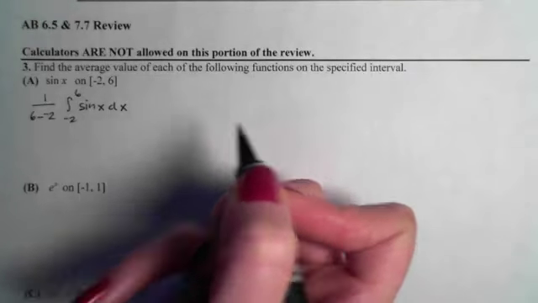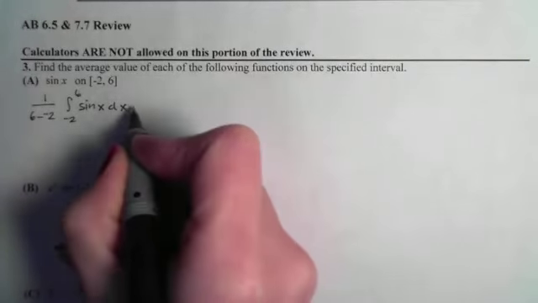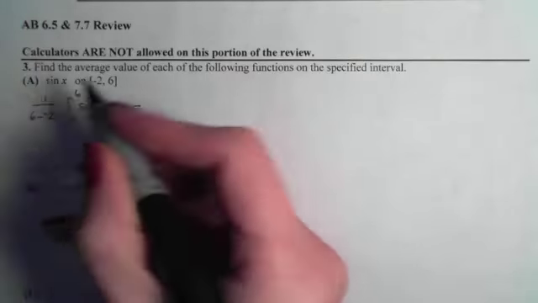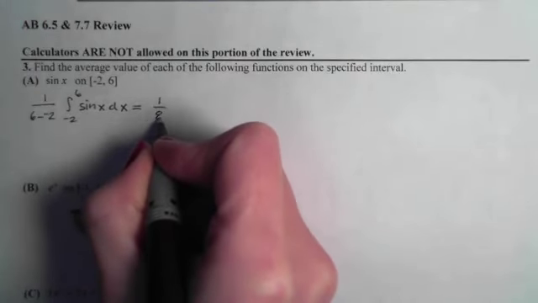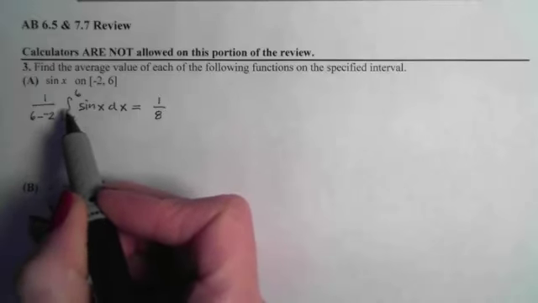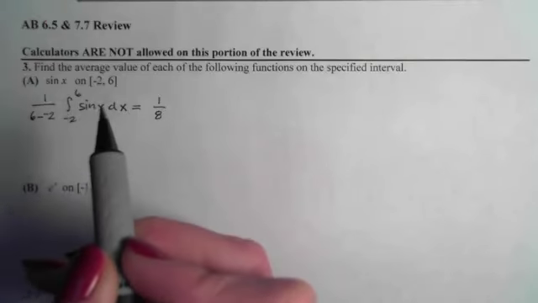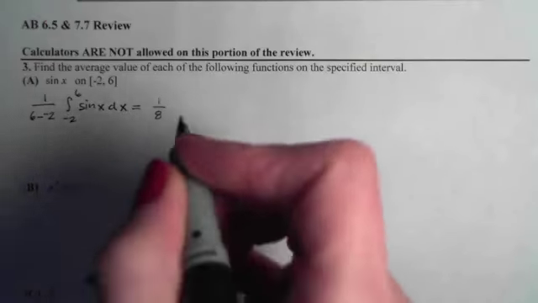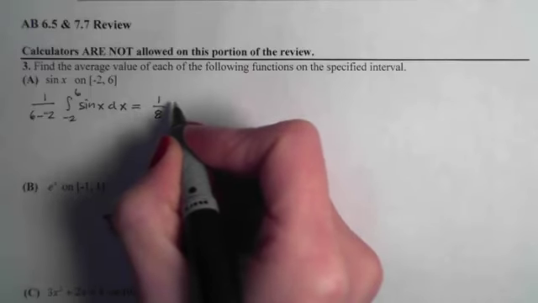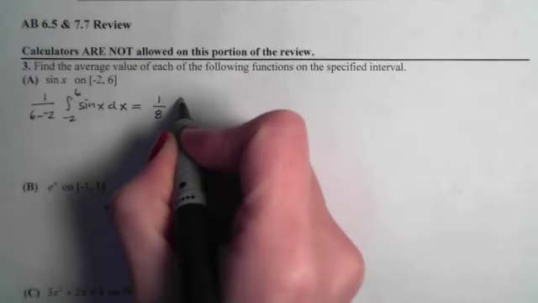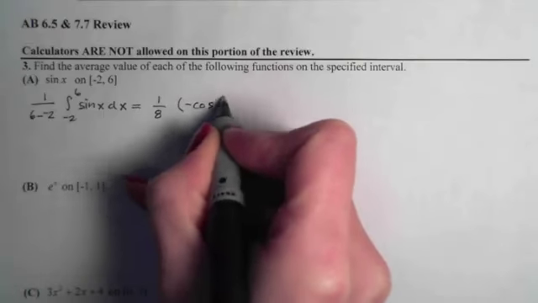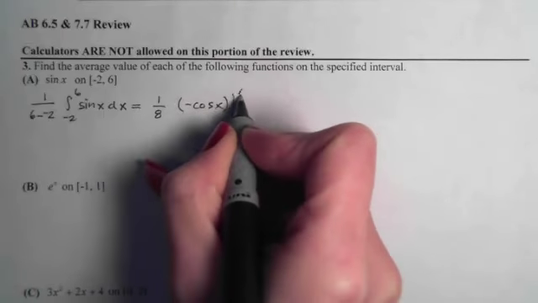Now, because we don't have a calculator, we need to compute this and simplify it by hand. So on this one, I'd get a 1 over 8. And then I'll ask myself, what did I take the derivative of with respect to x that gave me the sine of x? And the answer to that is a negative cosine of x, evaluated from -2 to 6.